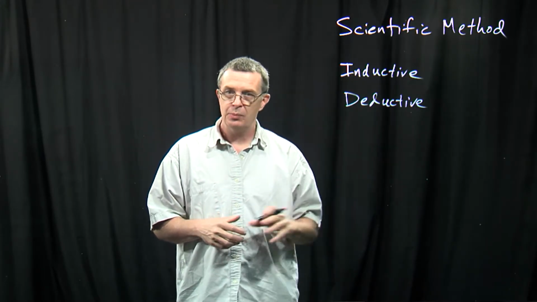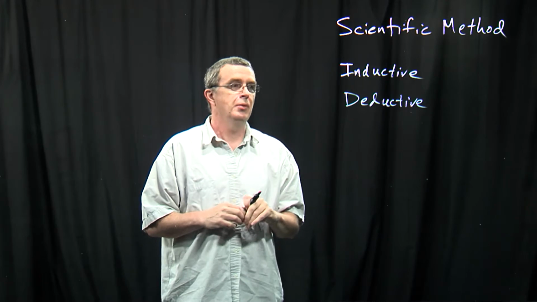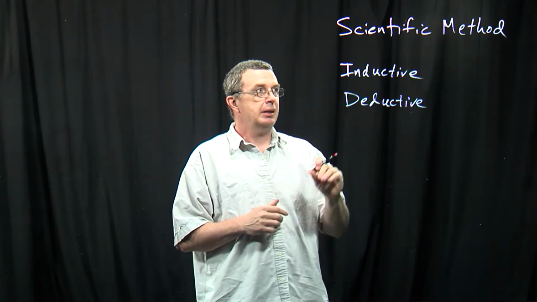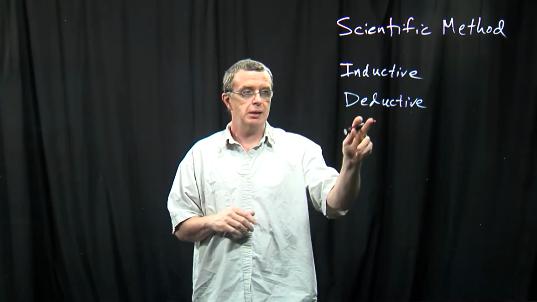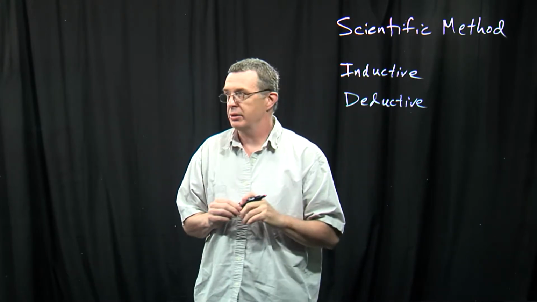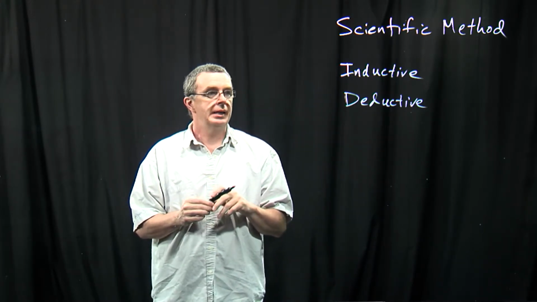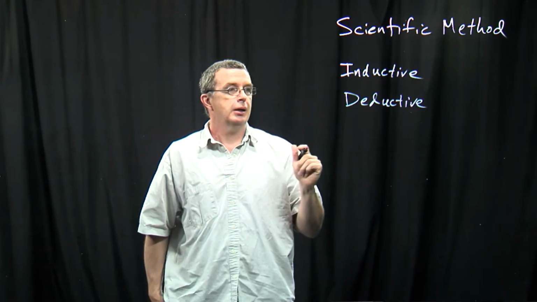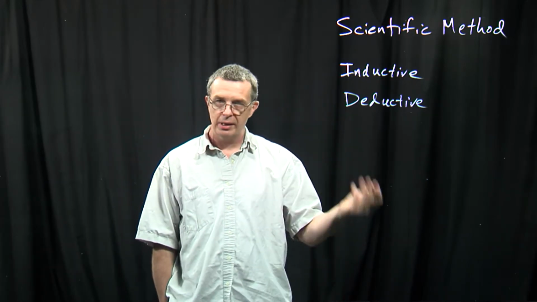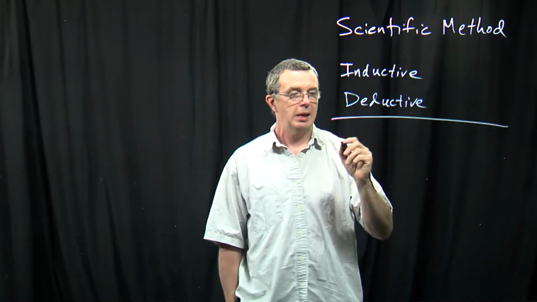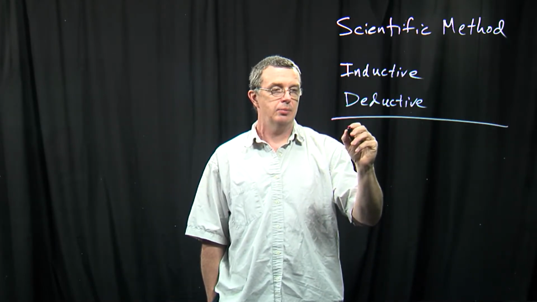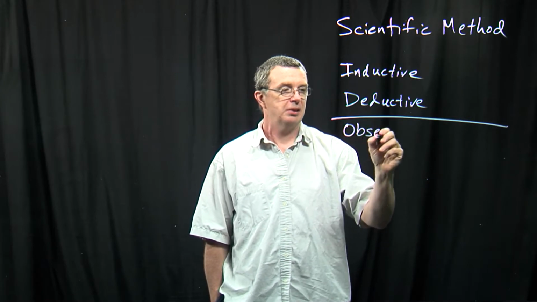Our brain does both of these things all the time, but in the scientific method, we tend to use one more than the other. We tend to use deductive reasoning more than we do inductive reasoning. And so if we think about what is the first step of the scientific method, we have to make some observation. We have to see something.